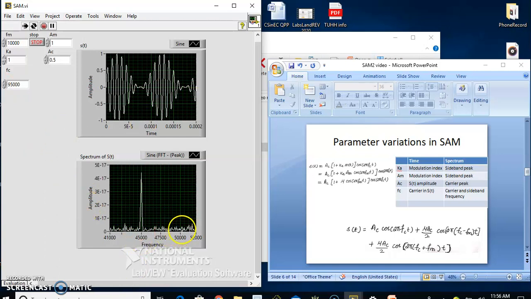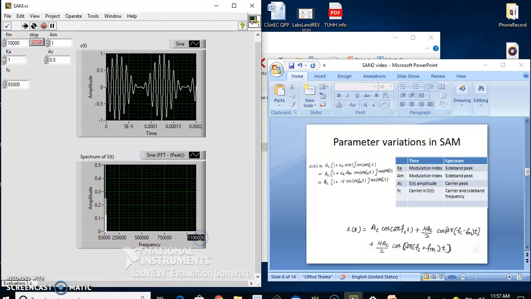You are not seeing the spectrum now. Let me change this. I have to make it at least 1.1 megahertz or e power 6. This is fine, and you can change this to a frequency, let me make it 85K.